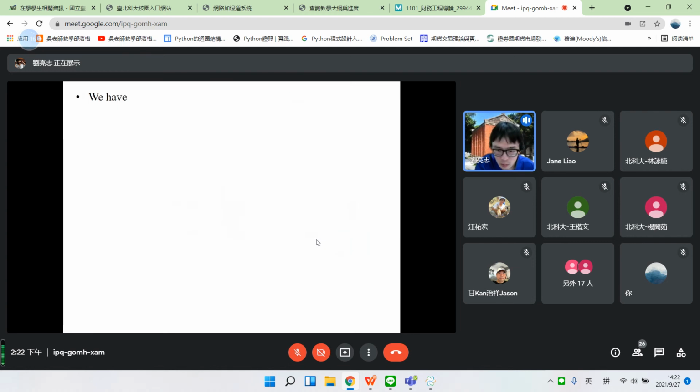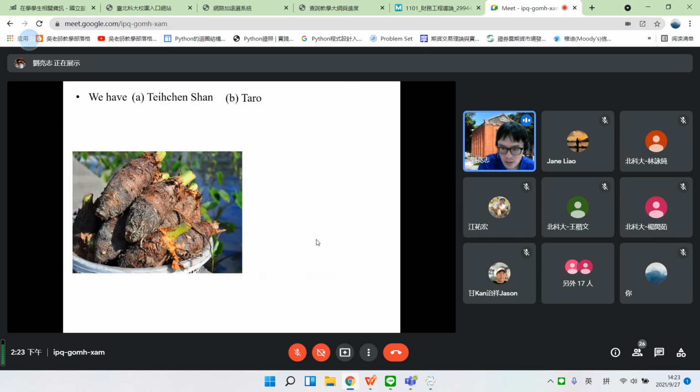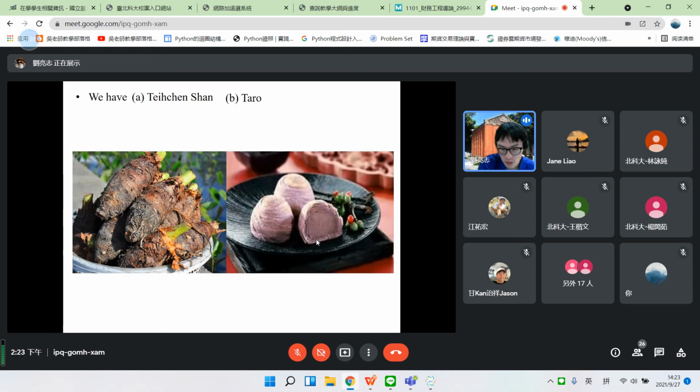In my hometown we have the Tiezhan Mountains, which means mountains like anvils. And we have taros as a material for making taro crisp.